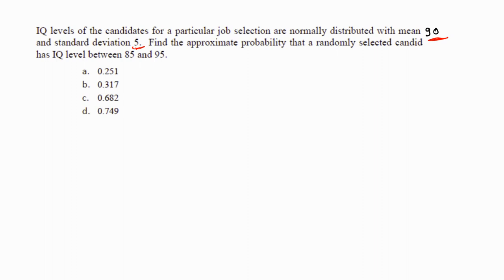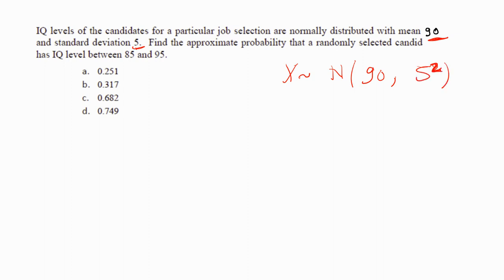It is not given in the standard form, so we will first convert it into the standard form. Given here is that x follows normal with mean 90 and sigma squared, so it will be 5 squared.